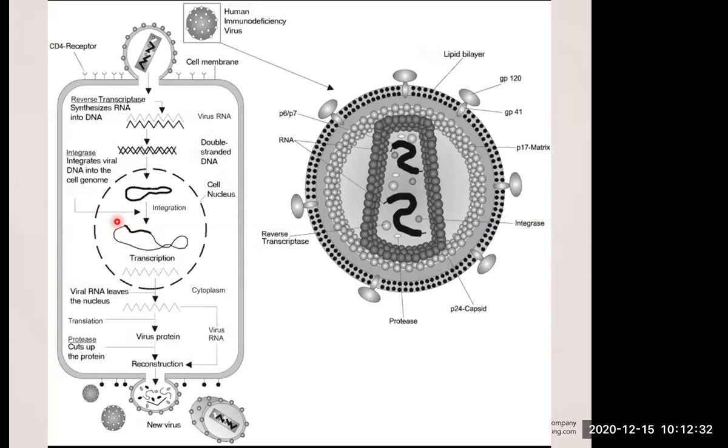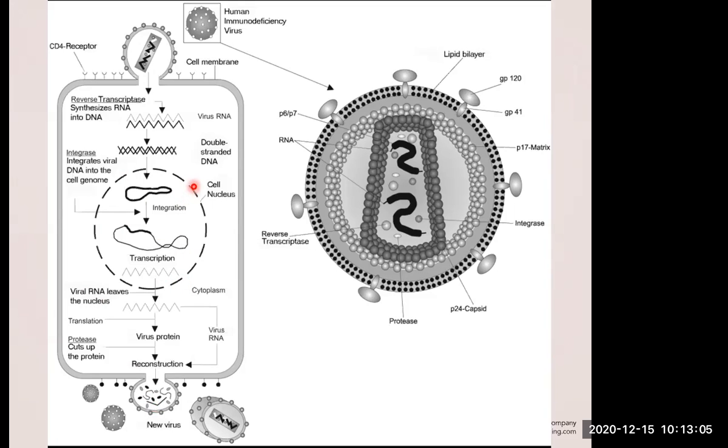So that means as the cell divides, we're going to have that virus in the new daughter cells. Then as our machinery in the nucleus transcribes mRNA, we can transcribe that virus out, and then we have new viral particles leaving cells. This is a retrovirus.